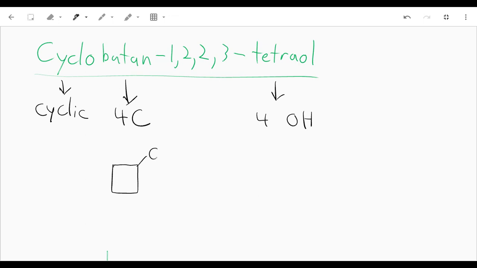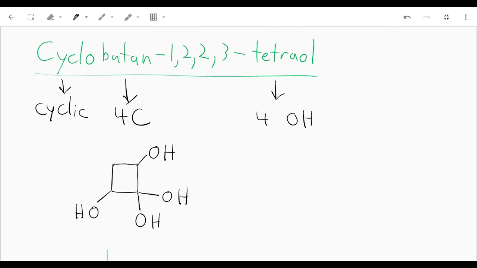Doesn't matter which one we pick, so I'm going to start there. We have 2 OH groups on carbon 2. And then we have a third on carbon 3. And you'll see I reversed that last hydroxyl group, just like I was talking about above.